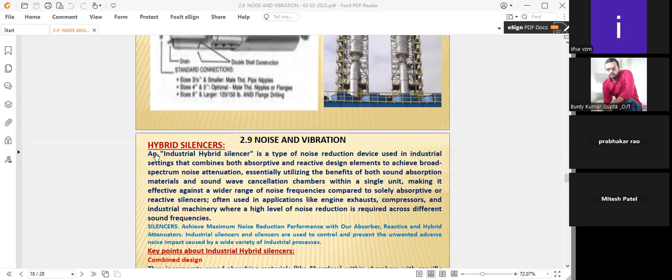For example, an industrial hybrid silencer is a type of noise reduction device used in industrial settings that combines both absorptive and reactive design elements to achieve a broad spectrum of noise attenuation. Where the frequency is more, we have to see. Essentially, it utilizes the benefits of both sound absorption materials and sound wave cancellation within a single unit.